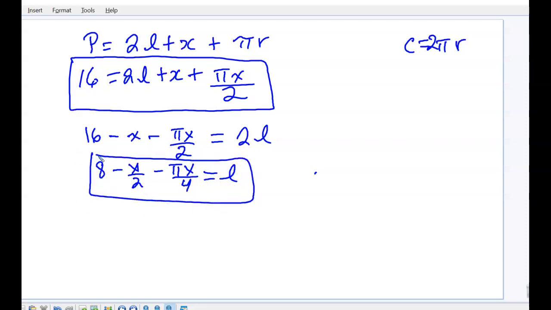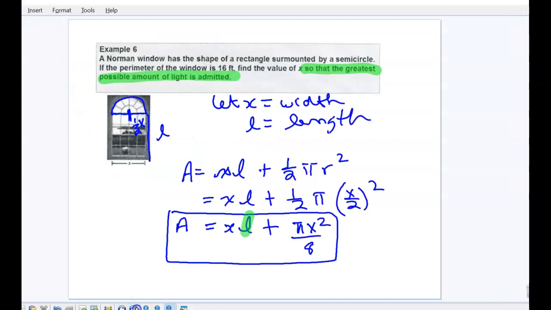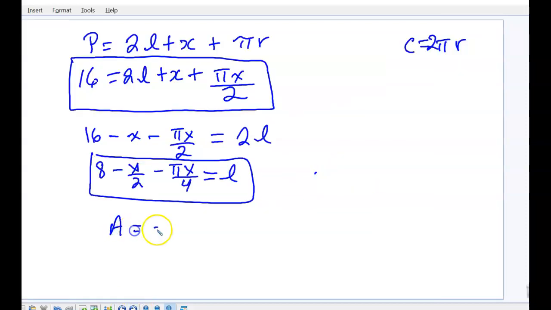So I can go back to my first equation, and I'm going to have area equals x times L. Oops, I changed that here. Sorry, I made a mistake. This is going to be 8 minus x over 2 minus pi x over 4.